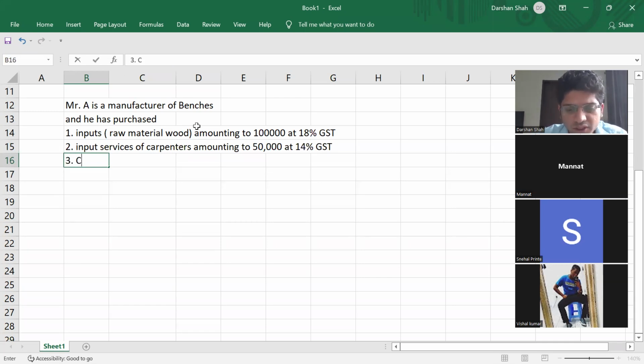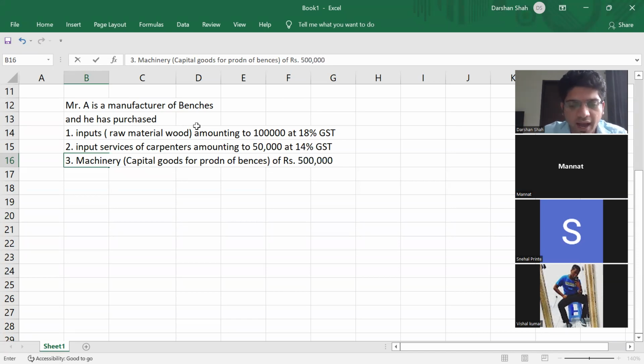And he has also purchased capital goods. He has also purchased plant and machinery, capital goods, for production of benches, of, let us say, 5 lakhs at 18% GST.